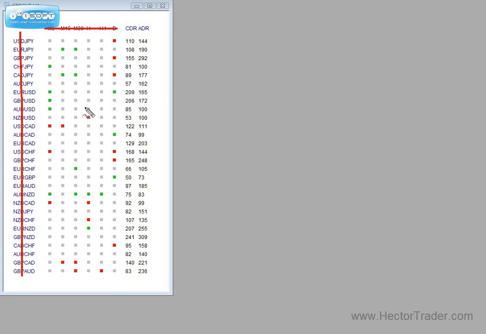It automatically reads through all those charts, like I say, in different time frames, and it prints either a gray square, a green square, or a red square, depending on whether that currency cross on that particular time frame is uptrending, downtrending, or not trending at all. It's rather remaining flat, right? So what I do is I read through my indicator.